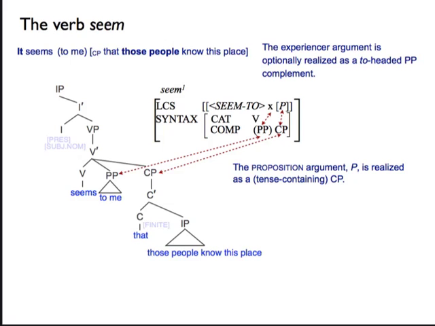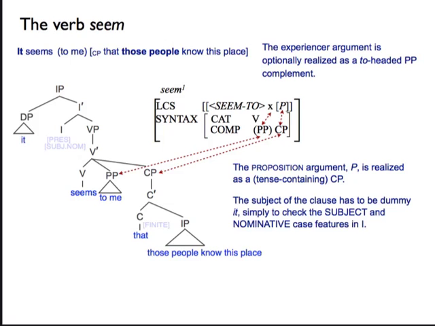It has to have a tense value, because you can't say things like, "it seems to me for those people to know that," right? That would not be any good. We can't put a non-finite CP in that slot.